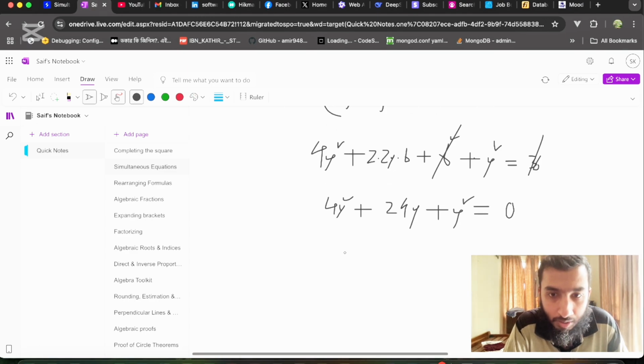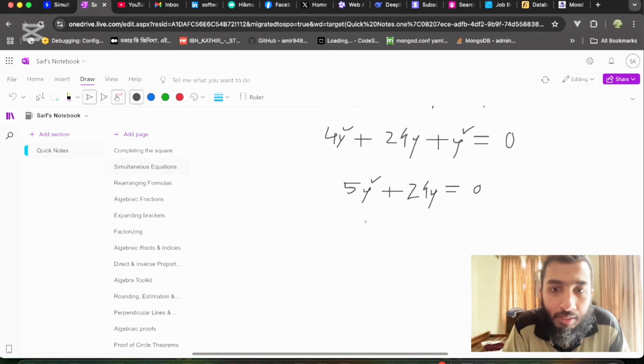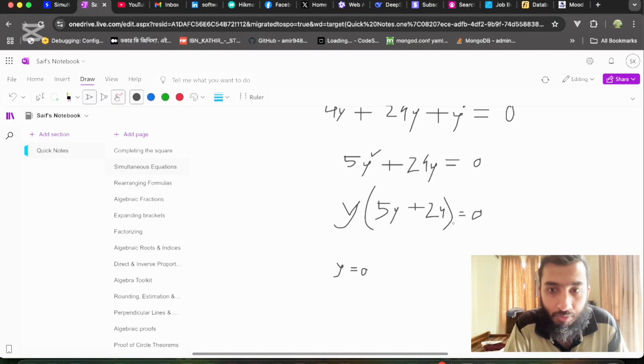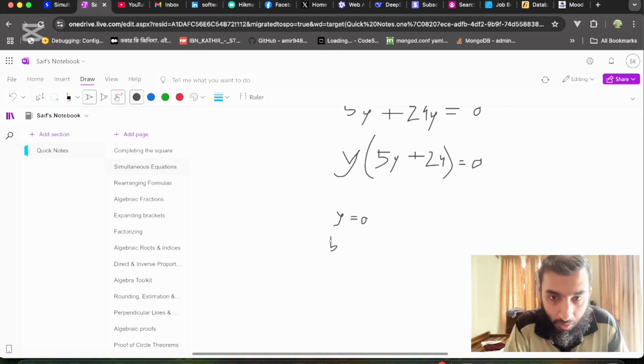So y square plus 4y square is 5y square. 5y square plus 24y equals 0. So we can also write, if I take y common, I get what? y into 5y plus 24 equals 0. Either y is 0 or 5y plus 24 is 0.